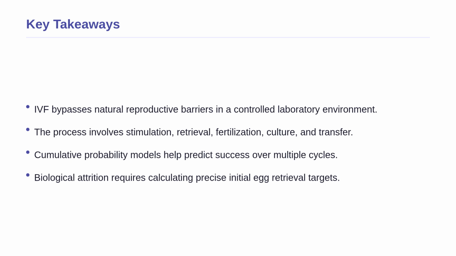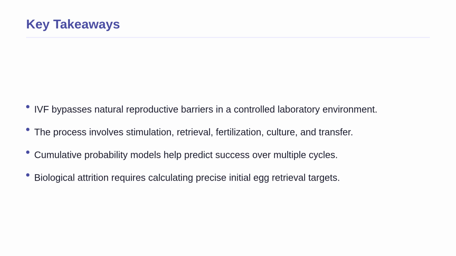We have covered a lot of ground today, so let us review the most important ideas. First, in vitro fertilization is a profound application of developmental biology that bypasses natural reproductive barriers by facilitating fertilization in a highly controlled laboratory environment. Second, we learned that the process is a carefully managed sequence of ovarian stimulation, egg retrieval, fertilization, embryo culture, and transfer.